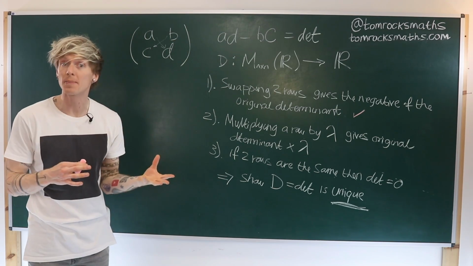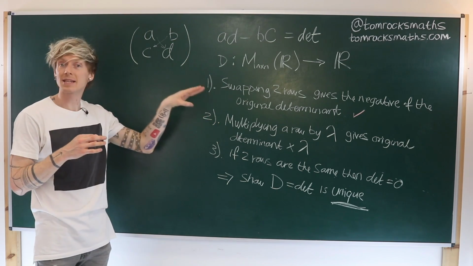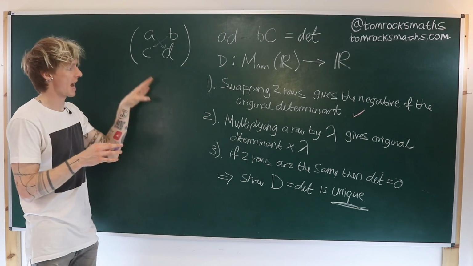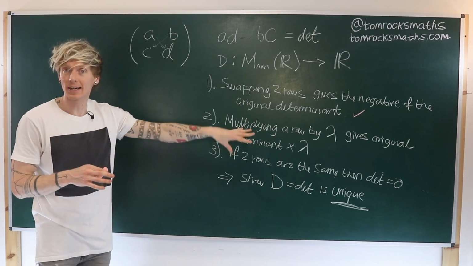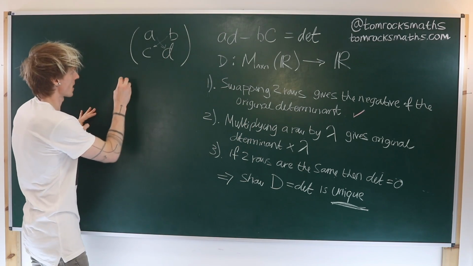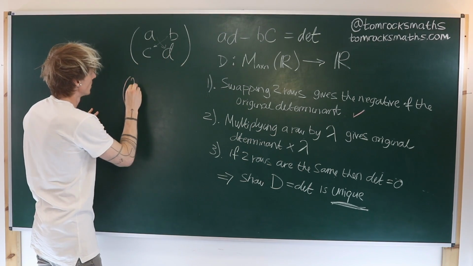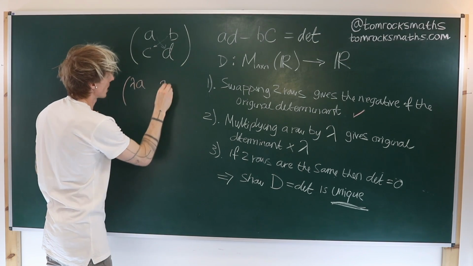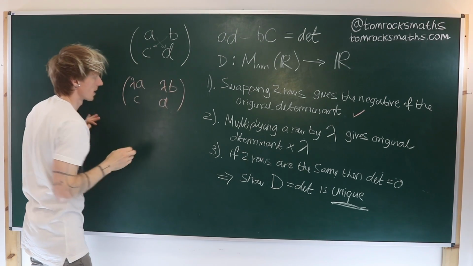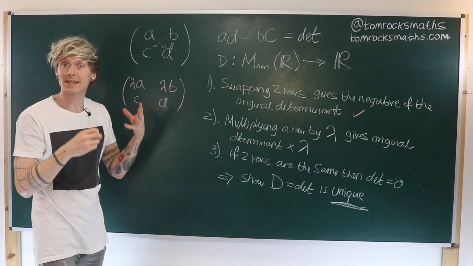Now for the second property, we need to multiply a single row in our original matrix, and we should get the same scalar, we'll call it lambda, multiplying our determinant. So let's try that. Let's multiply the top row, so we have lambda A, lambda B, and then C and D. Now we calculate the determinant in the same way.